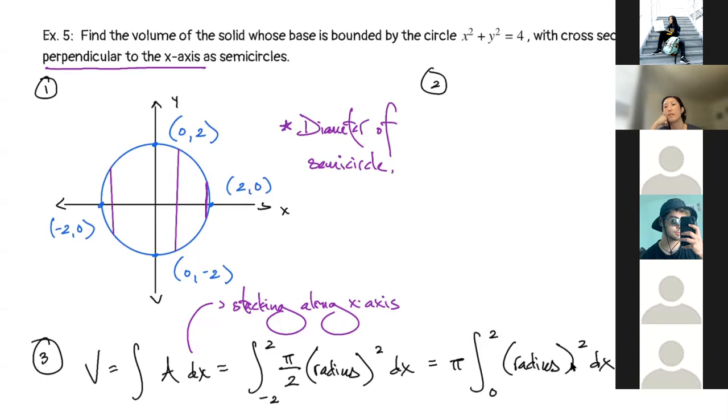R squared divided by 2. Why do we have r squared divided by 2? Yes, I want to know how I can define this function.